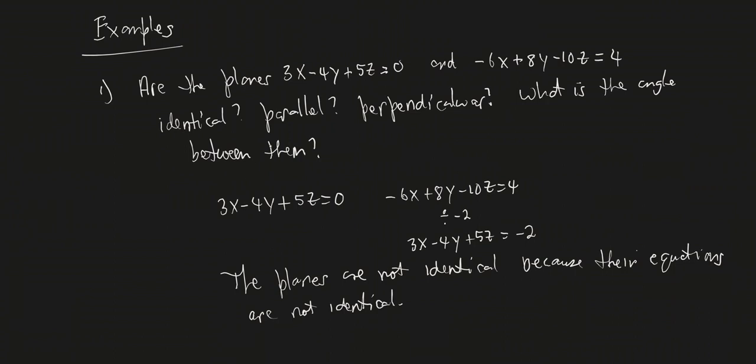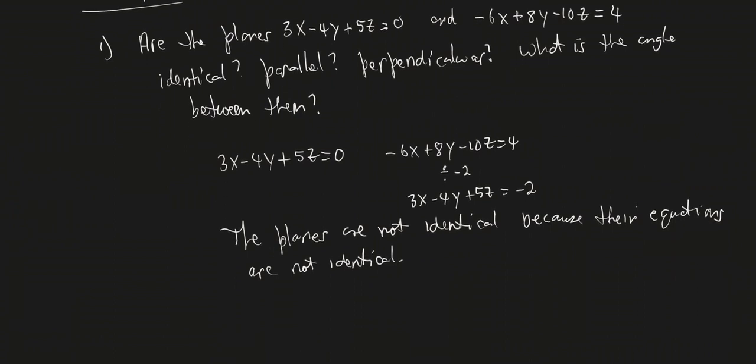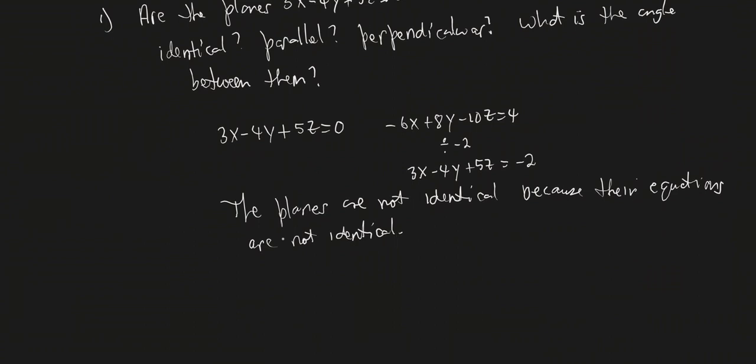Okay, so the question is, are they parallel? Now, as far as identifying if they're parallel, right beside it I'm going to write down the normal vector. The way you can identify the normal vector just by looking at the equation in this form is that the normal vector n will have components that are the coefficients of the respective variables.